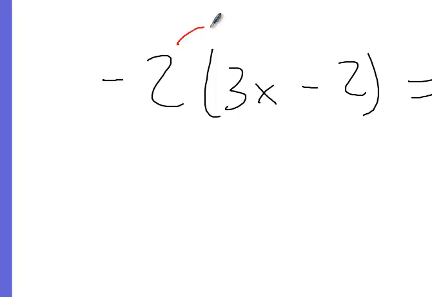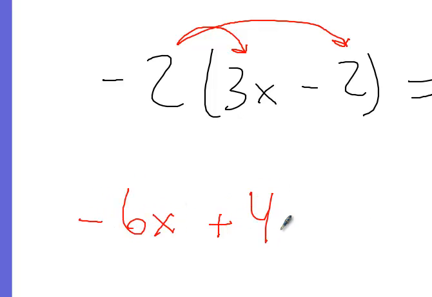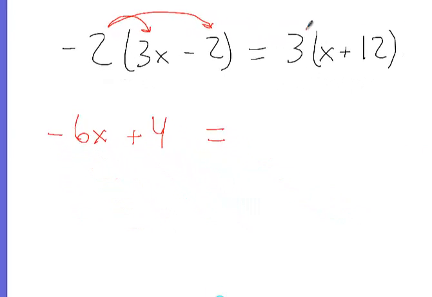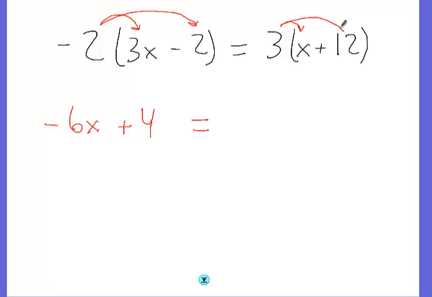In order to solve this, we must first simplify our parentheses by distributing the negative 2. So now we have negative 6x plus 4 is equal to. Likewise, on the right side, we have 3 times the quantity x plus 12. To get rid of the parentheses, we must distribute the 3. We're going to get 3x plus 36.